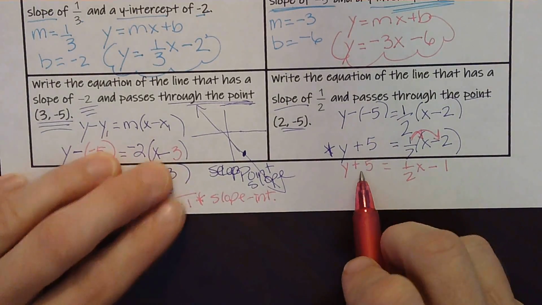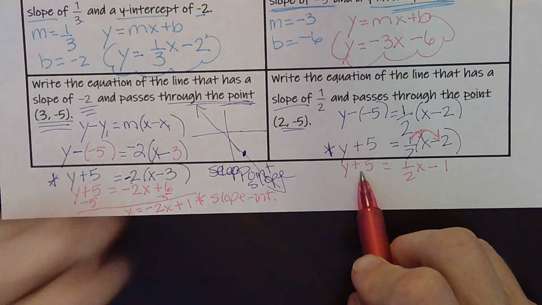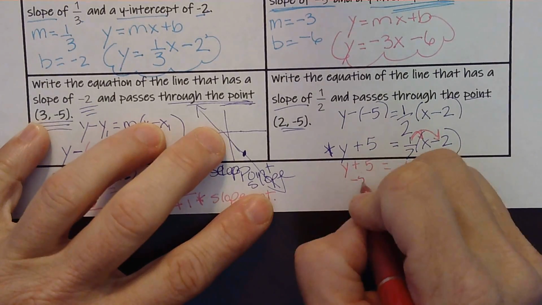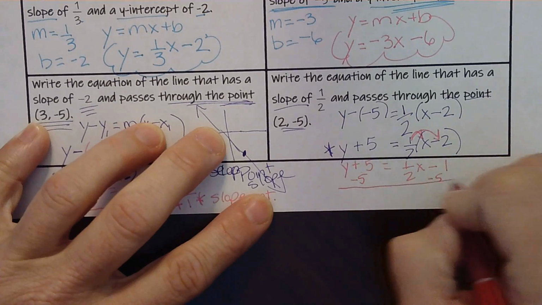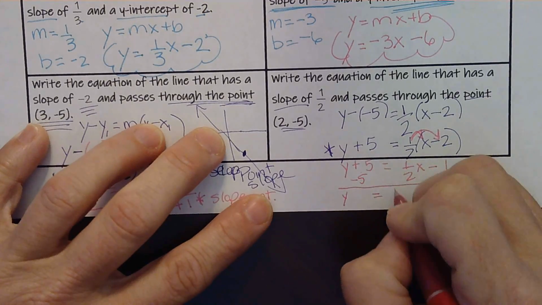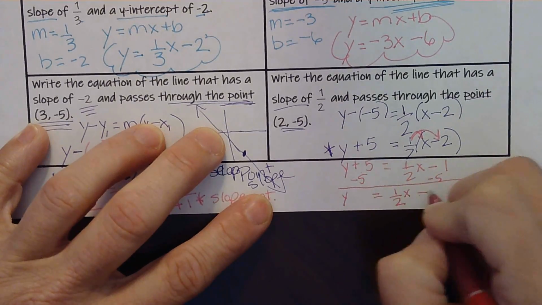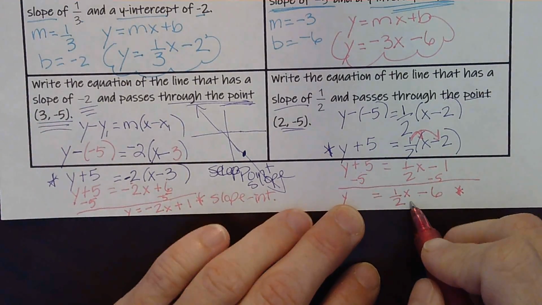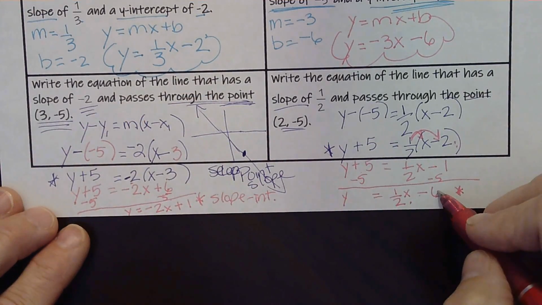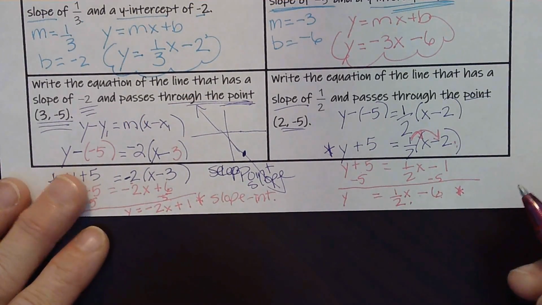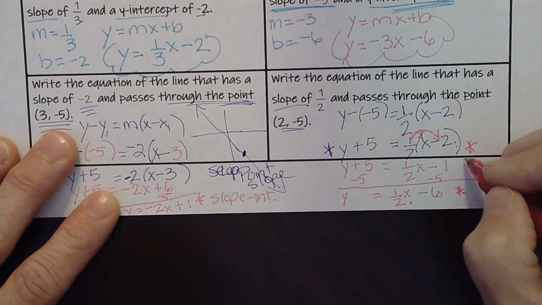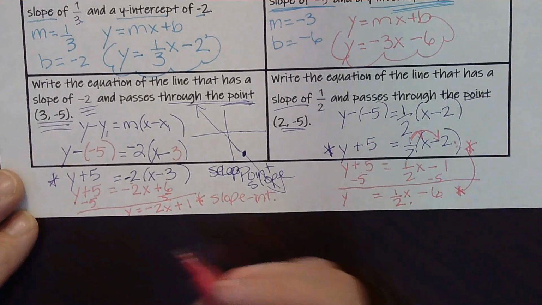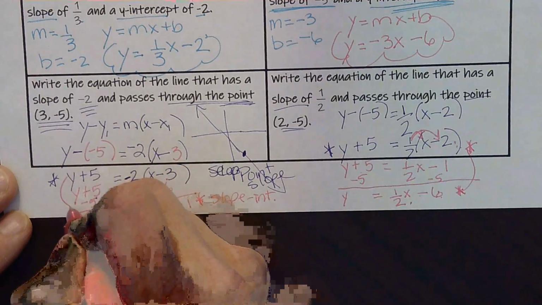So now all I have to do to put this equation in slope-intercept form is subtract 5 from both sides, and I'm left with y equals 1/2 x minus 6. And so here is this equation in slope-intercept form.